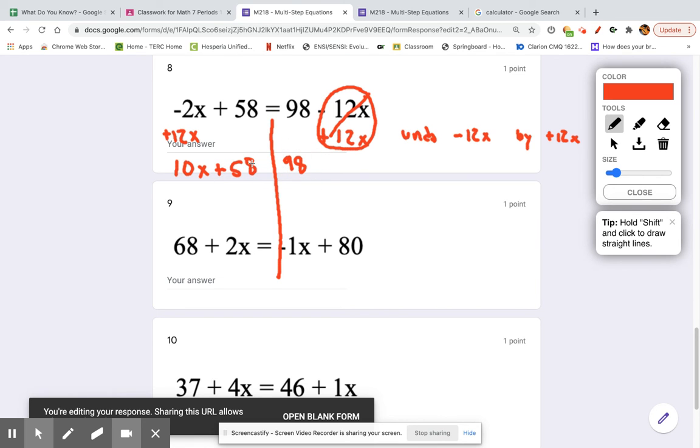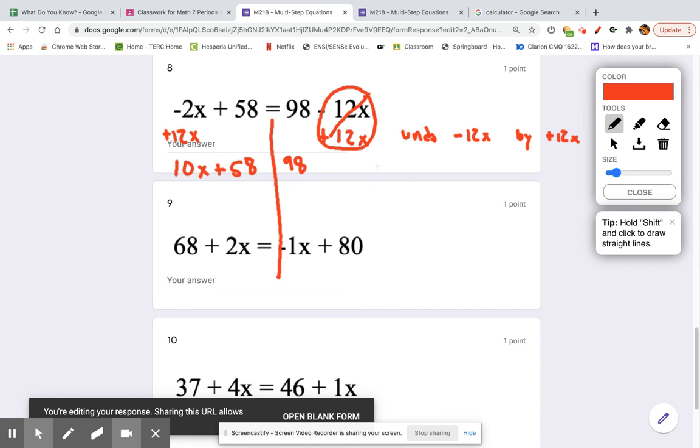All right, so now we want to get x all by itself. So we're going to eventually need to get rid of the 10 and the 58, but we need to undo the order of operations in reverse. So we're going to start with addition and subtraction because we already have an equation. With expressions, you do the order of operations in order, but with these equations, you do the order of operations in reverse.